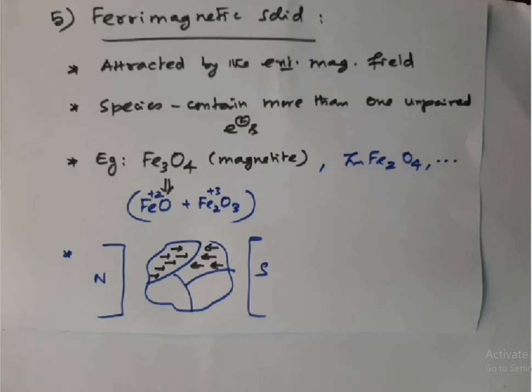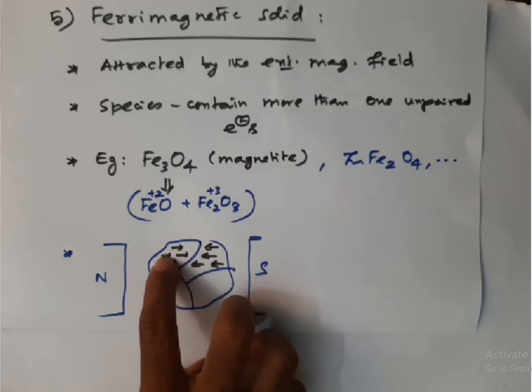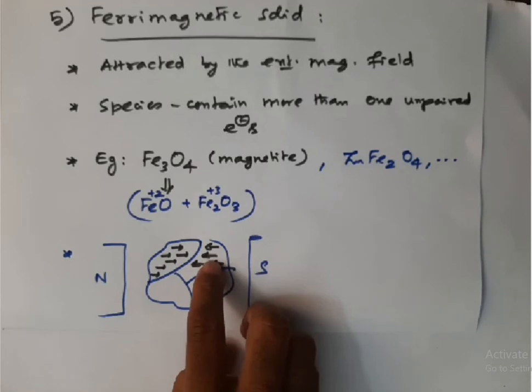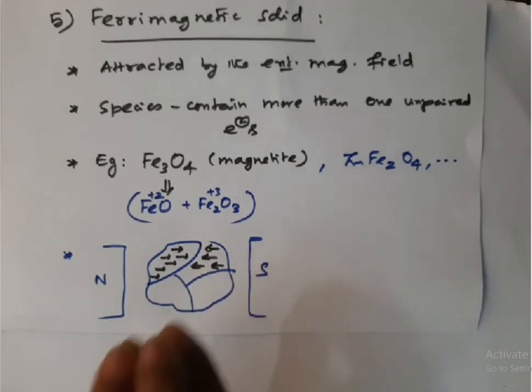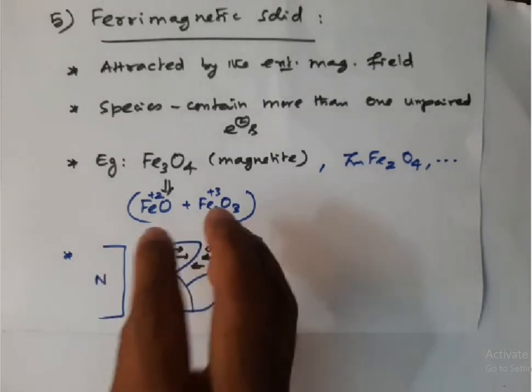If they oppose in equal number, they cancel. What I am trying to say is that the magnetic moments of one domain oppose those of the other domain in unequal number. Therefore, this solid has some less net magnetic moment, and therefore it is weakly attracted by the magnet.